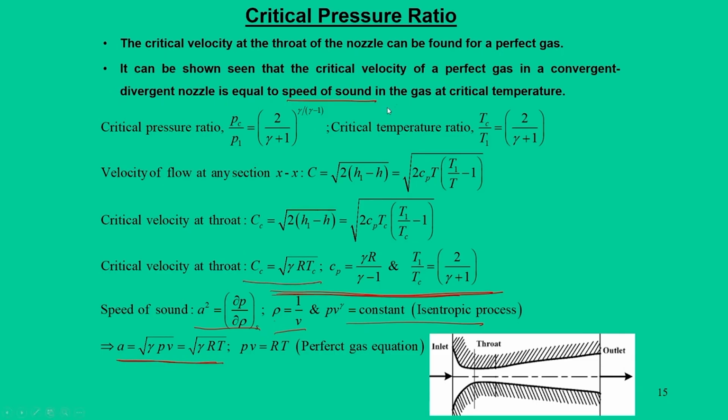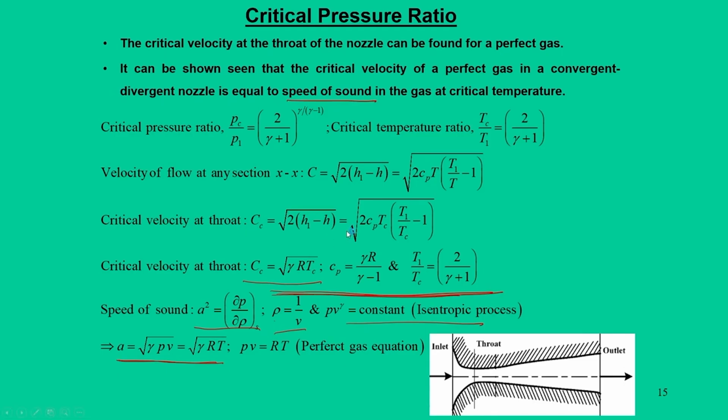So, we can say that the critical velocity of a perfect gas in a convergent divergent nozzle is equal to the speed of sound in the gas at critical temperature. This speed of sound is very vital when we design nozzles for supersonic flow, but that is not part of our analysis.